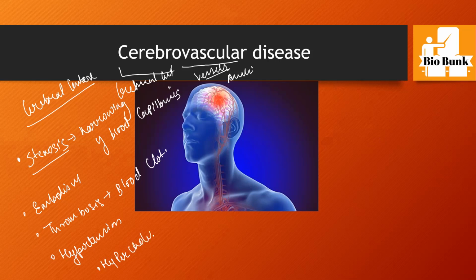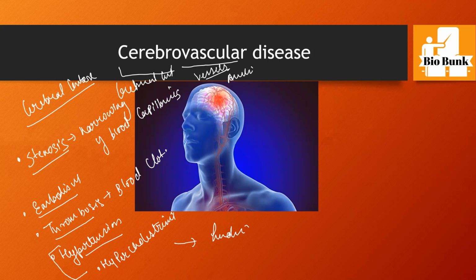In these cases, the sufficient supply of blood required by the brain for its normal functioning is hindered. So what will happen in case of embolism, thrombosis, hypertensive disorder?